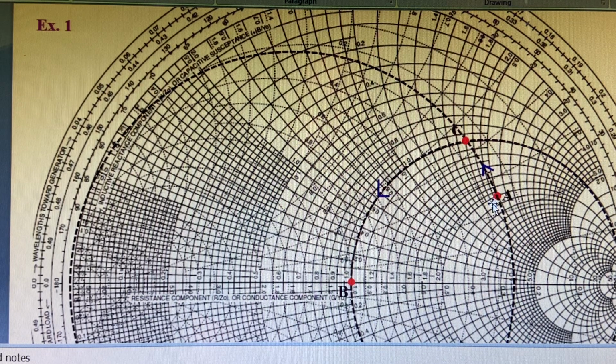To do so, we have to move from A either clockwise or anti-clockwise over the resistance circle passing through the point A, or over the conductance circle passing through the point A.